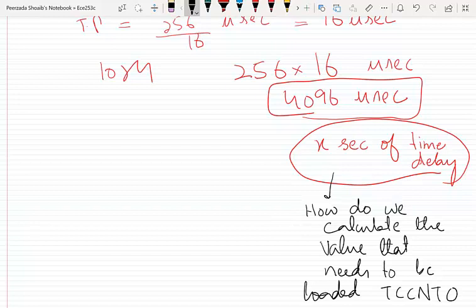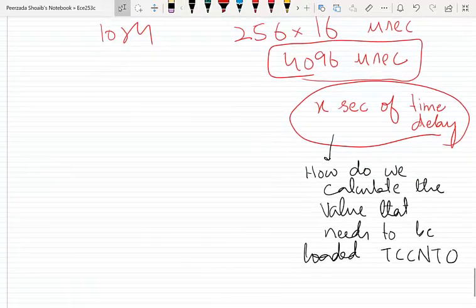In a particular programming scenario, we need x seconds, milliseconds, or microseconds of time delay. So what value should we initially load in the timer counter register before starting our timer?